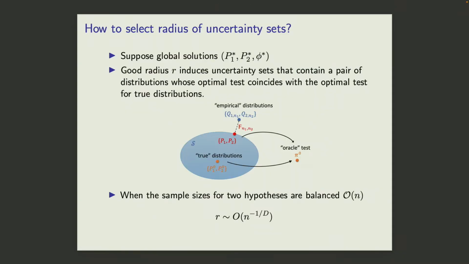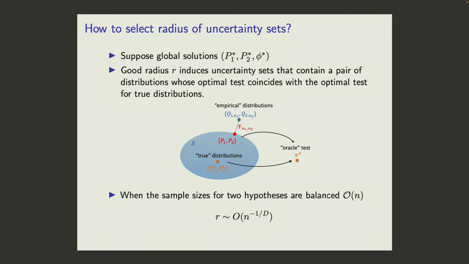And we can also show that, remember, the choice of the radius is important, because the more we can tolerate the deviation from the empirical distributions, the more flexible we make it, but we also don't want it to be too large. We can show that there's some optimal choice, on the order of n to the minus 1 over d.